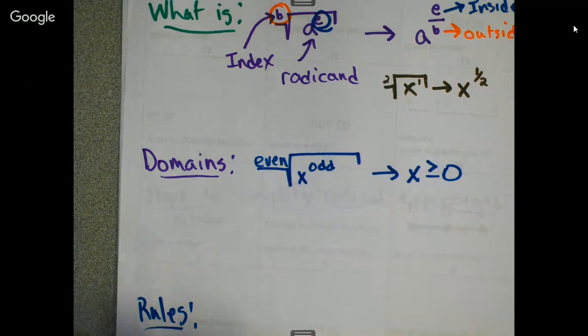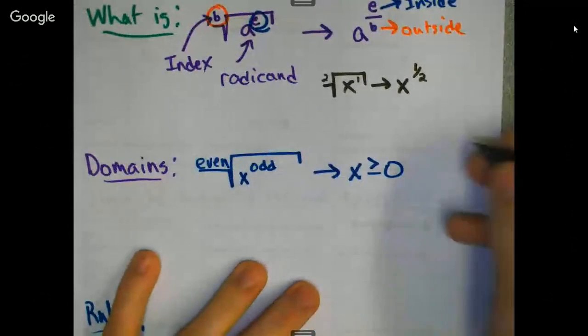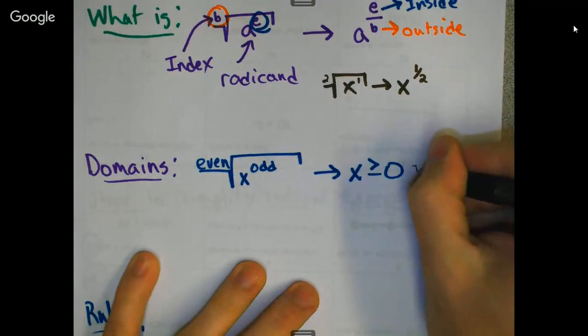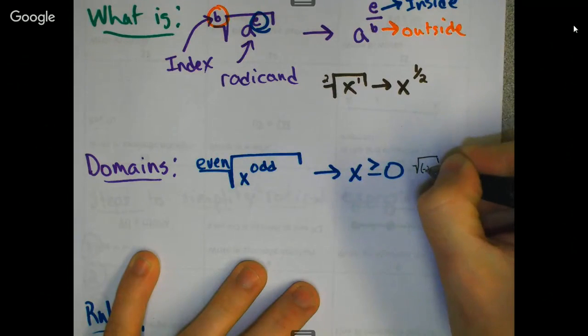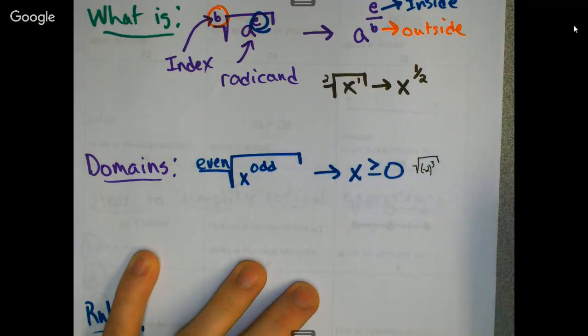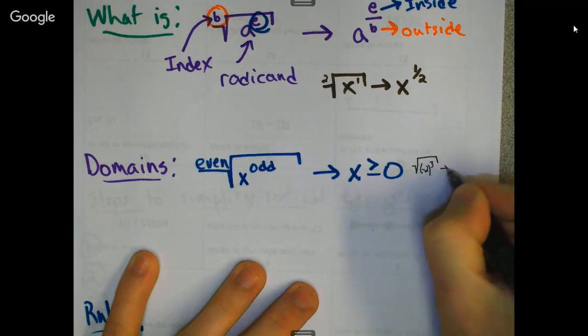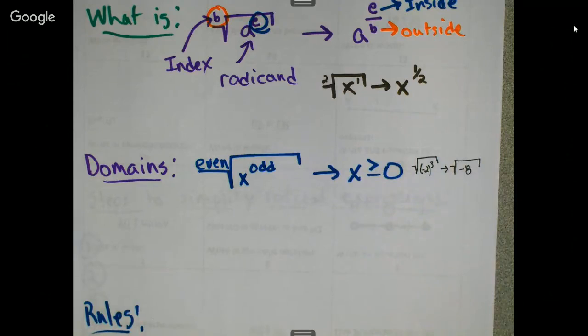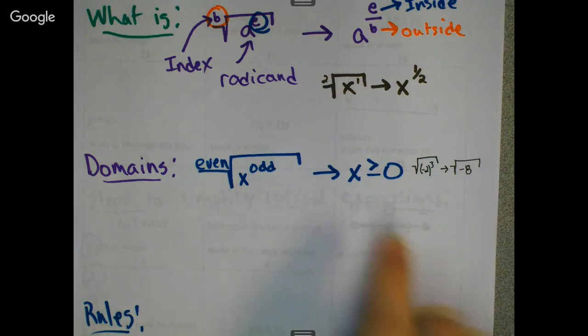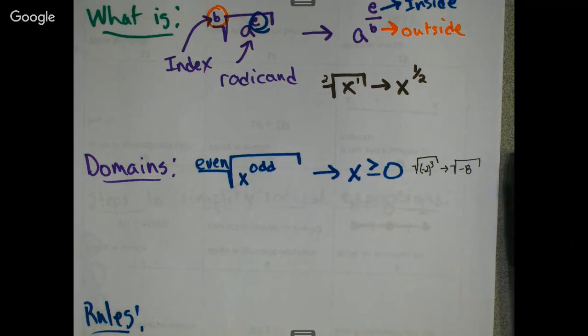For example, say I have the square root of -2 to the third. Well, -2 to the third is -8, and the square root of -8 is an imaginary number, and we can't have that. So x values have to be bigger than or equal to 0.